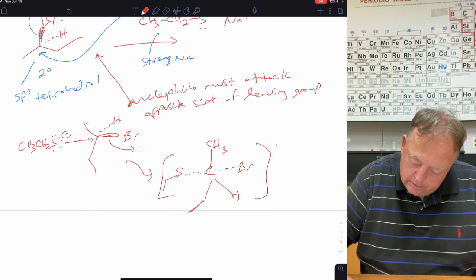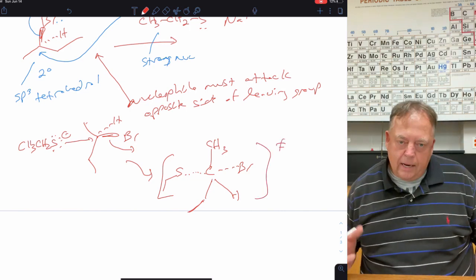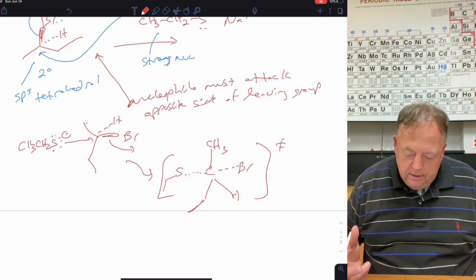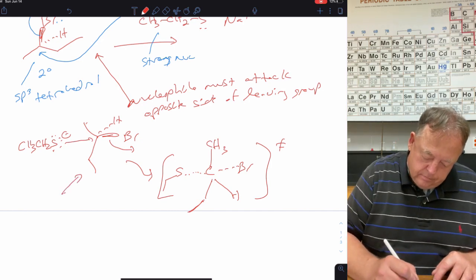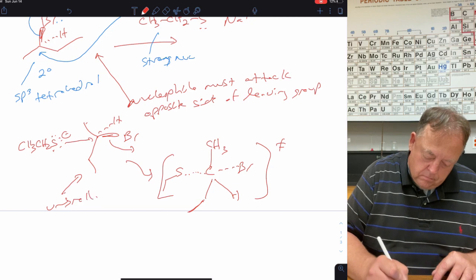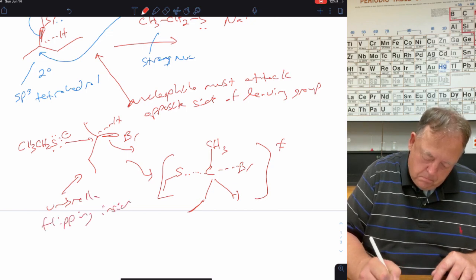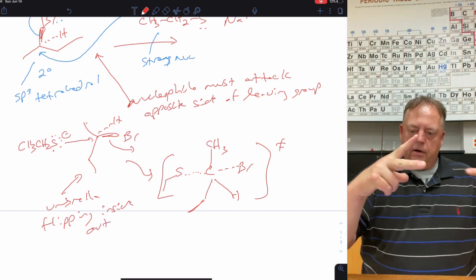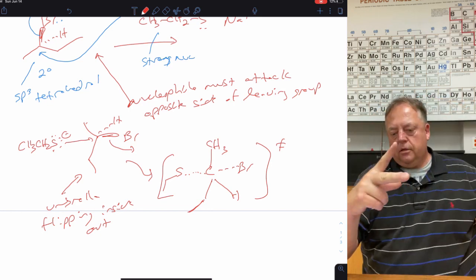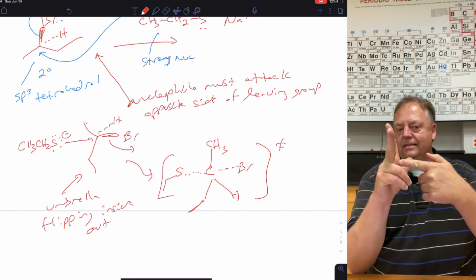And so you go through this trigonal bipyramidal transition state, so you can think of this like an umbrella flipping inside out. If the bromine is over here, the nucleophile comes in here, and then that flattens out.